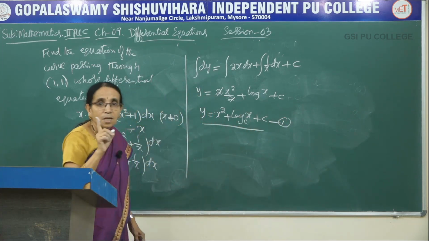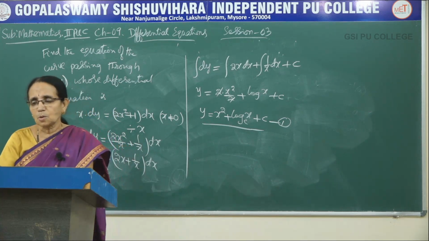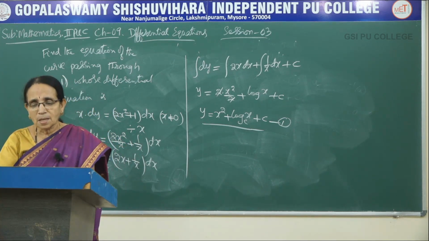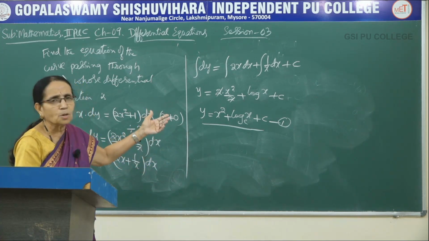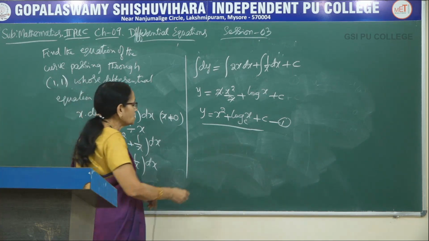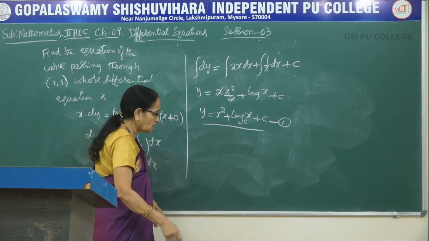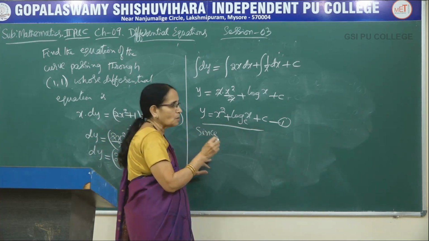Now, this is the general solution. Since I want a particular solution here, how do you find? See, in the previous problem, it was given that x equal to 0 and y equal to 2. Here, you have to write one sentence. What is that sentence? Since it is a statement problem, some statement has to be written.